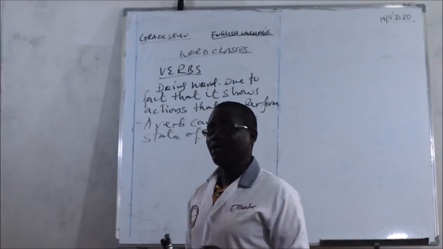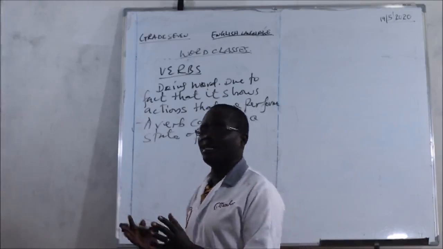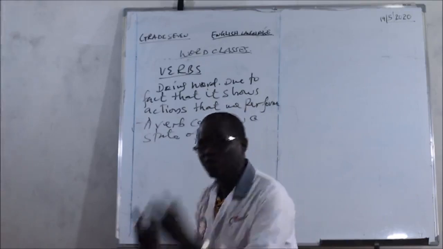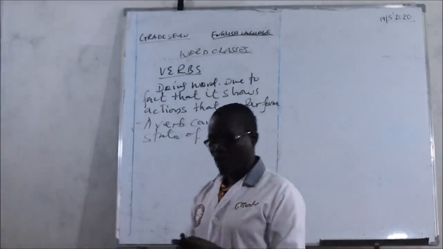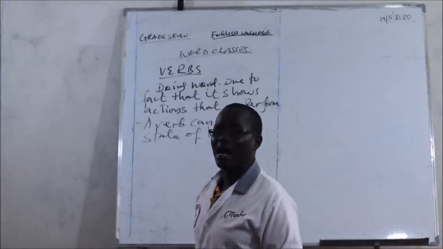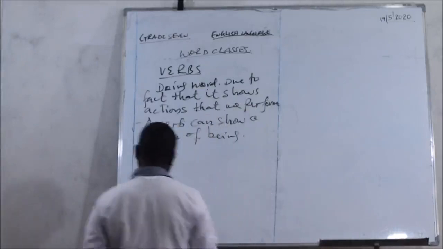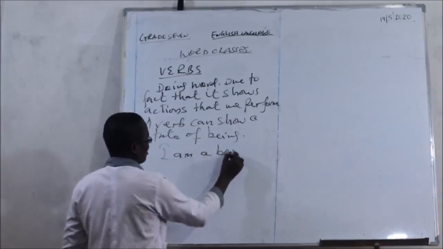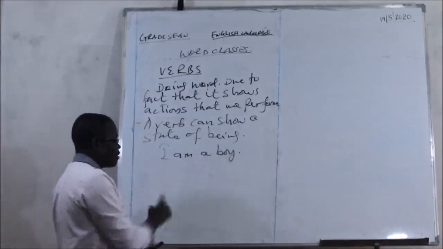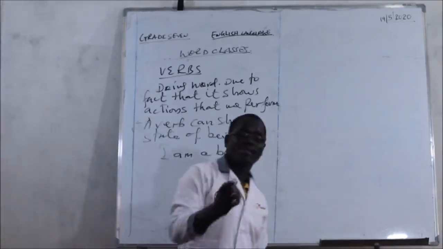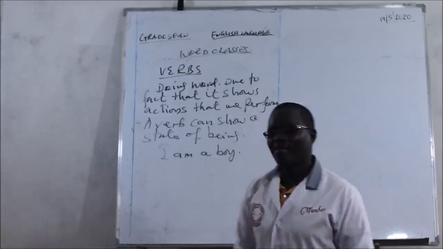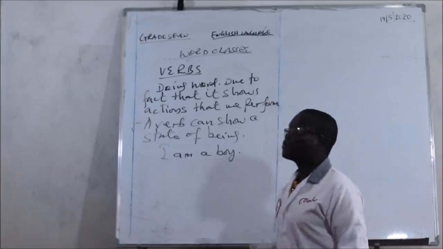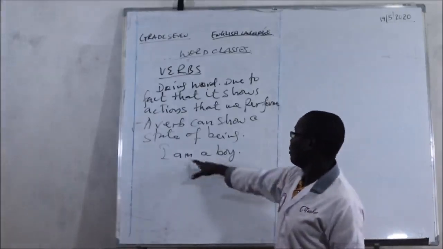Or we can simply use a verb in explaining a situation or a condition where a person is. For example, when you say, I am a boy. Here, the sentence does not show us that there is an action. Rather, it shows that there is a state of being. I am, this person is telling us that he is a boy.